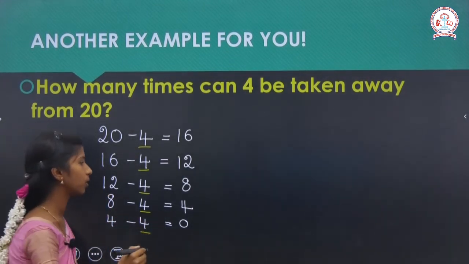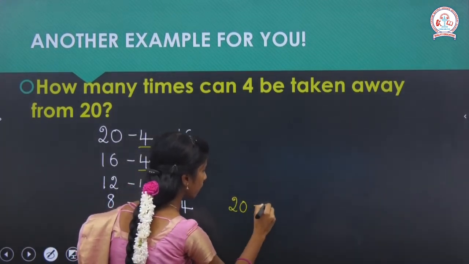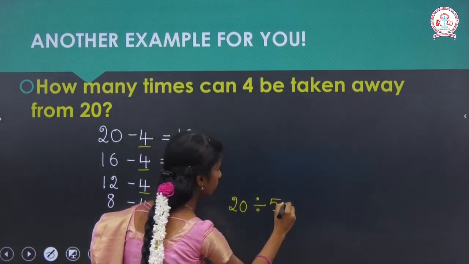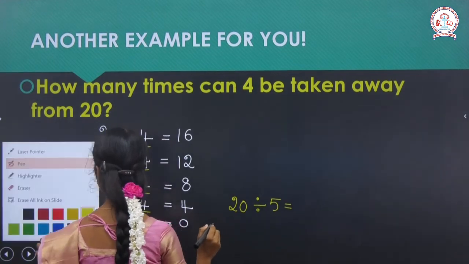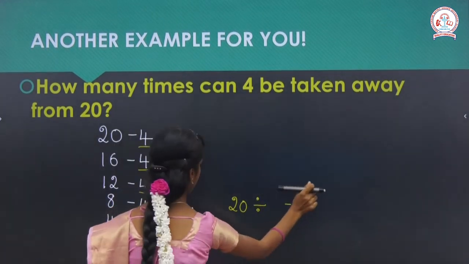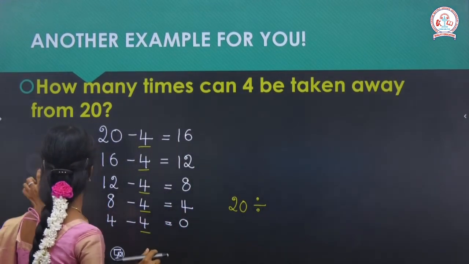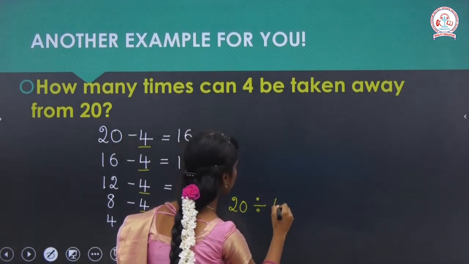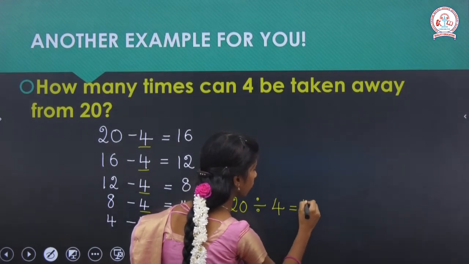So what is the answer we got? 5. So the final answer is 20 divided by 4 is equal to 5.